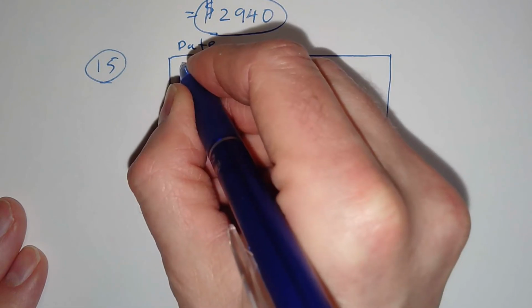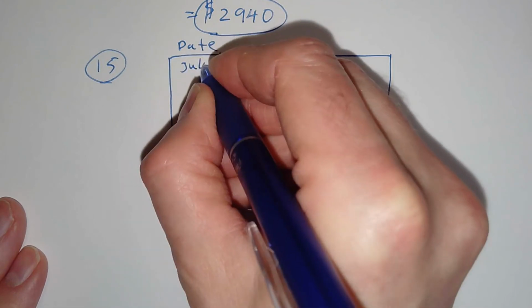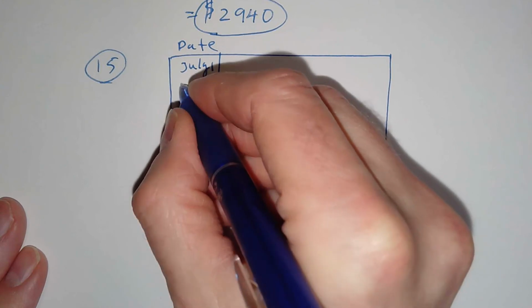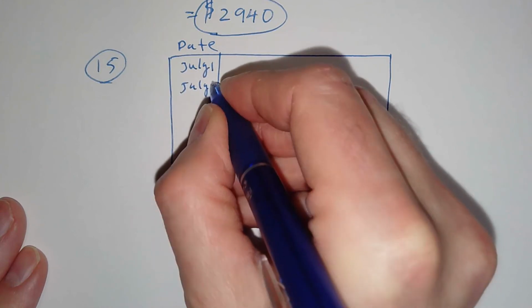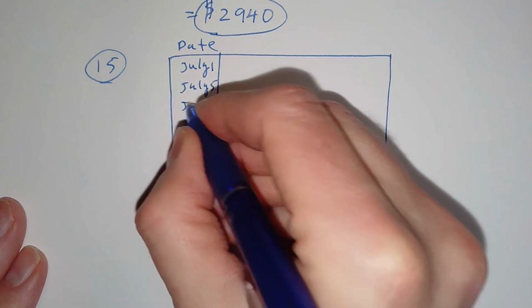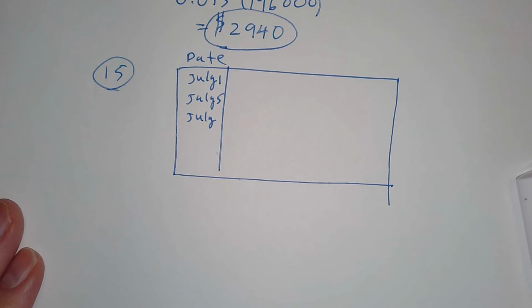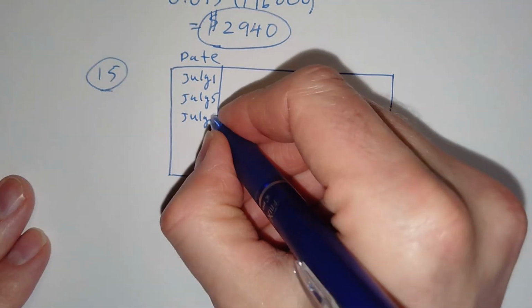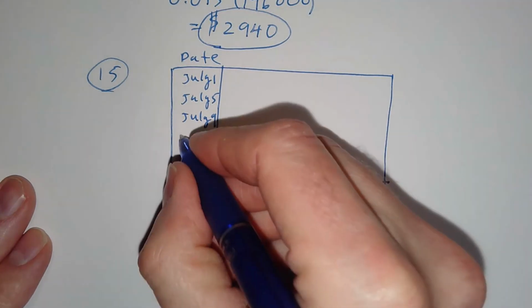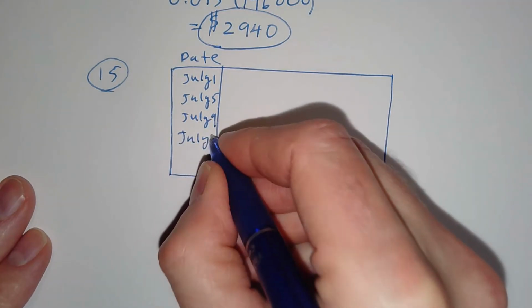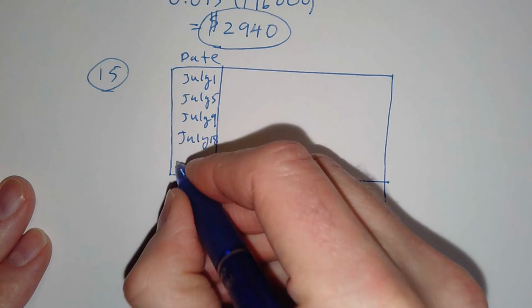So we have July 1st, July 5th, July 9th, then we had July 18th, and then July 27th.